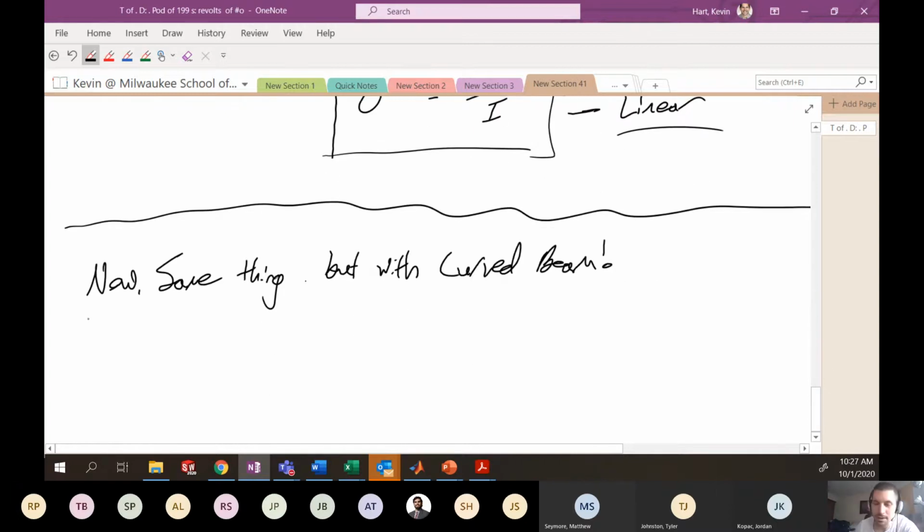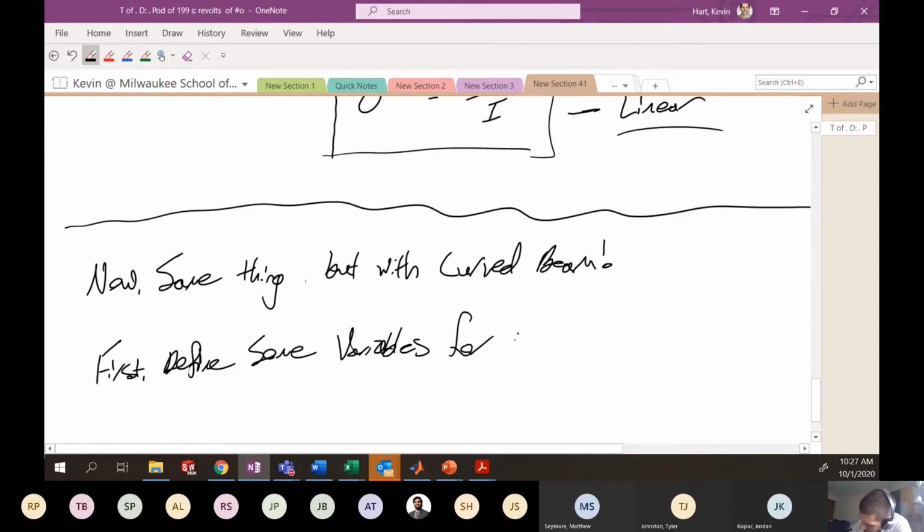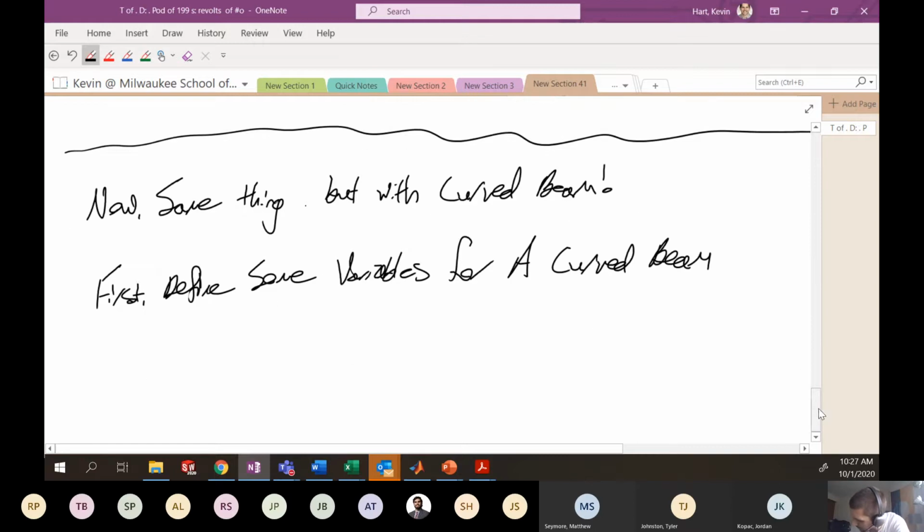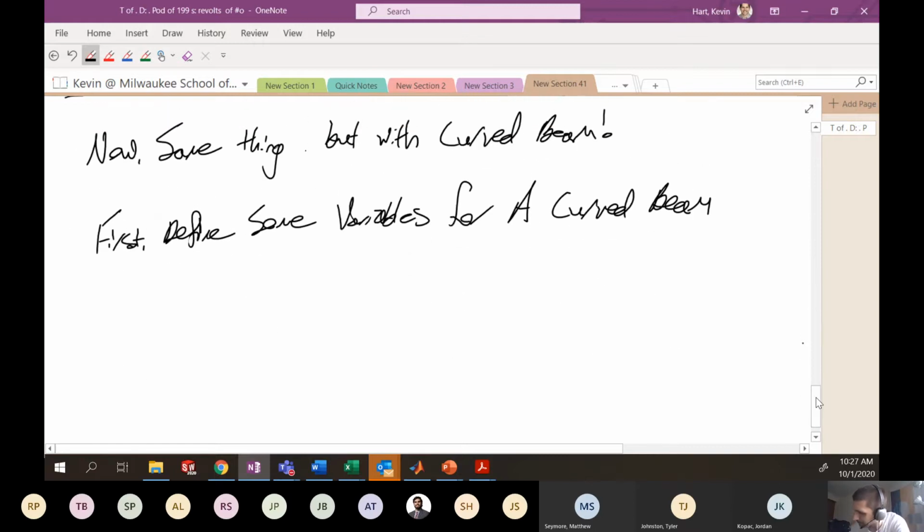Before we dive in, we have to define some terms of a curved beam. We've got to define some variables so that we're all on the same page on the variables that we're going to see shortly.